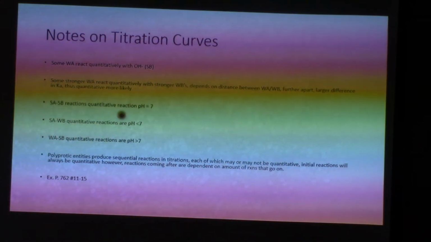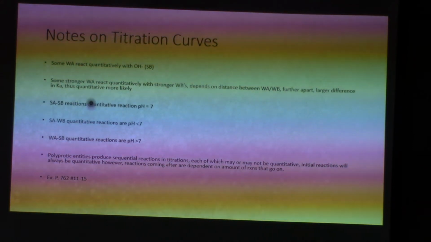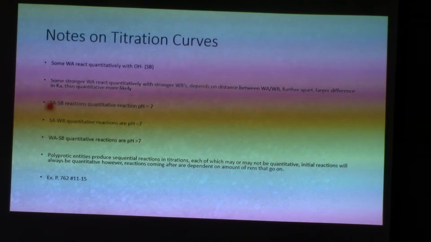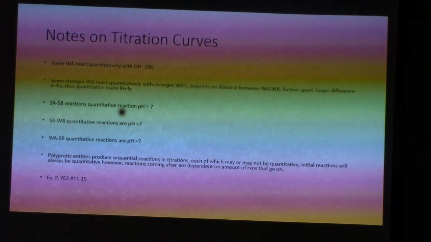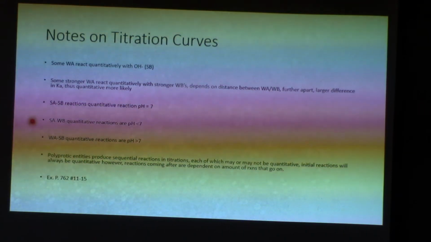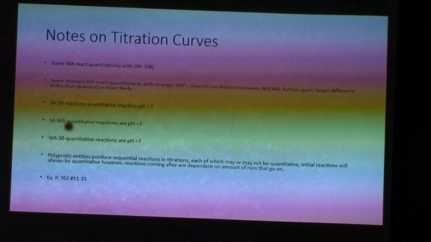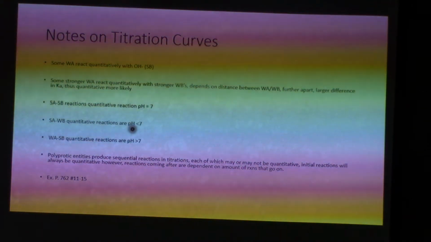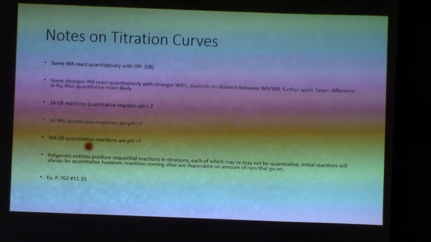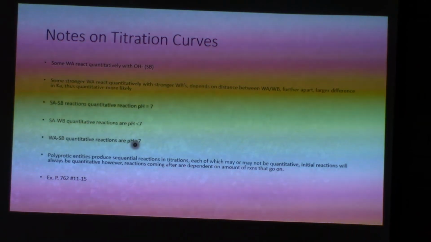Your basic rules, however, so these would be some of the exceptions that I'll point out. Strong acid and strong base reactions are quantitative, and they have a pH at 7. Strong acid and weak base quantitative reactions have a pH at equivalence less than 7, and weak acid and strong base quantitative reactions are greater than 7.